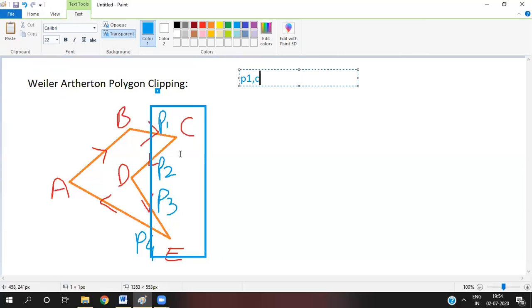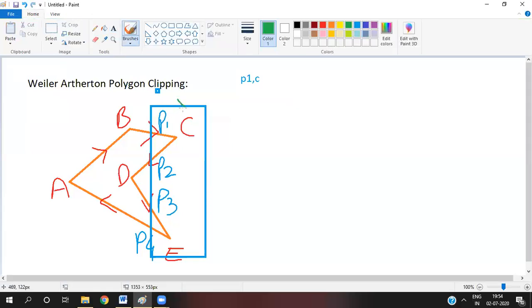This is the window boundary. I will highlight the window boundary. Yes, this is the window boundary. So in a clockwise direction, right? So here from B to C, we have followed the polygon boundary, outside to inside.